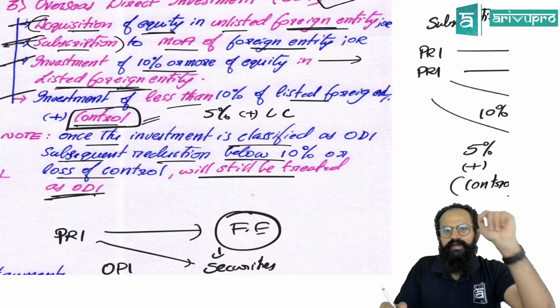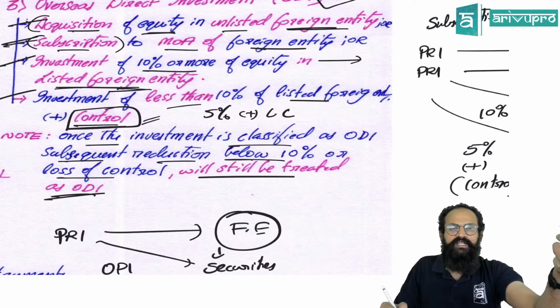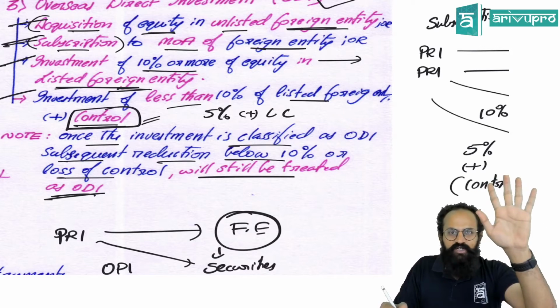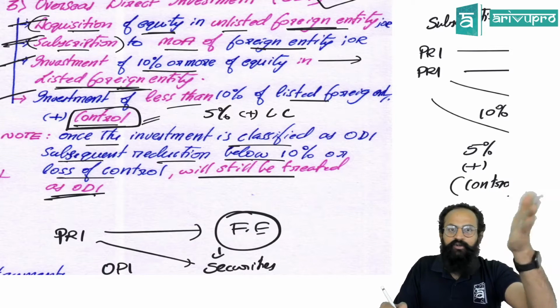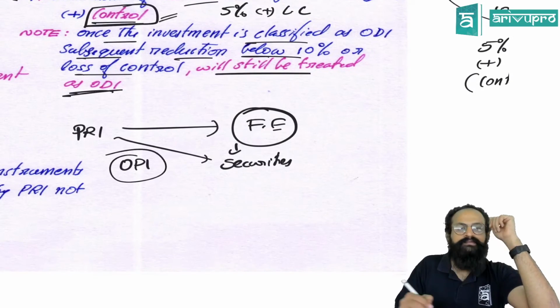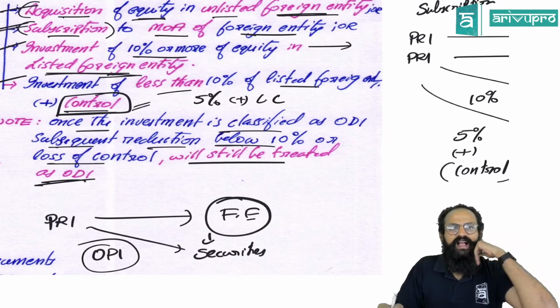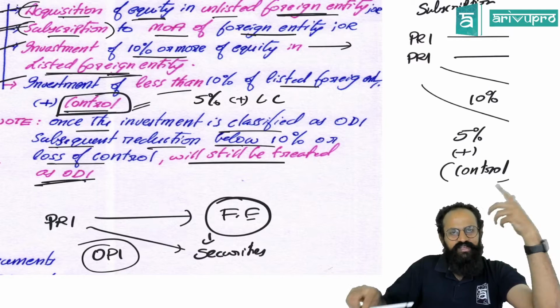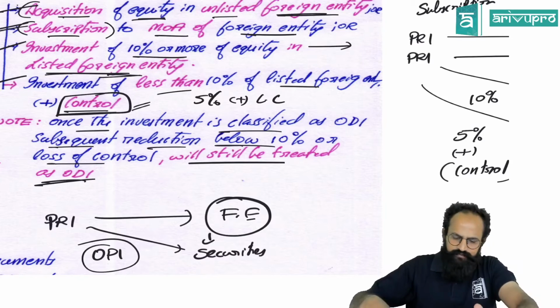Now imagine I do not have control over the other company. I just invested 5% in a listed company, and I do not have control. Then what should I call that? It will come as OPI, because obviously it is not ODI, right? I hope you are understanding this, people. Is it clear? Yes, sir. Okay.